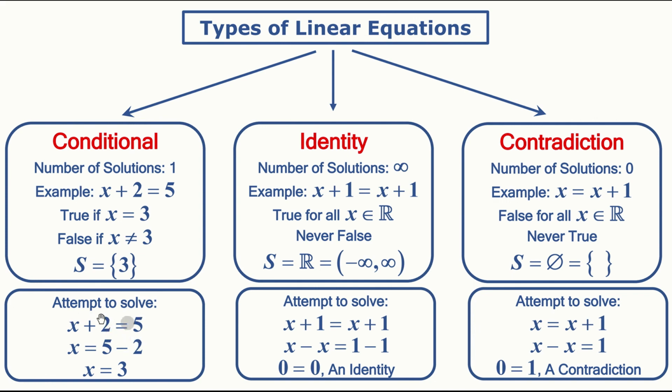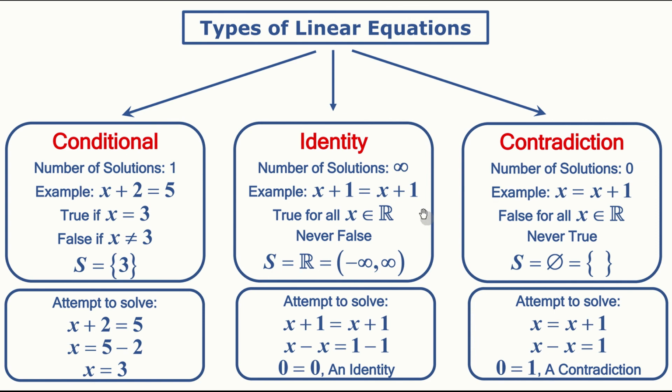Now, when you attempt to solve it, of course, everything goes smoothly and you get yourself one solution. So conditionals have one solution. Then we get this type of equation called an identity. Here's a very extreme case of it, x plus 1 equals x plus 1. Obviously, that works for any x value.